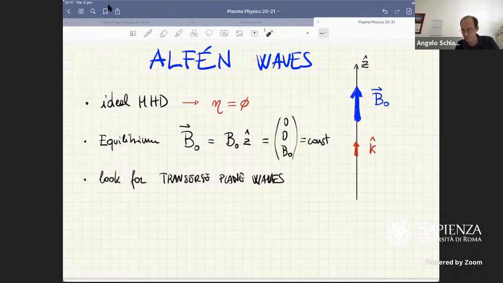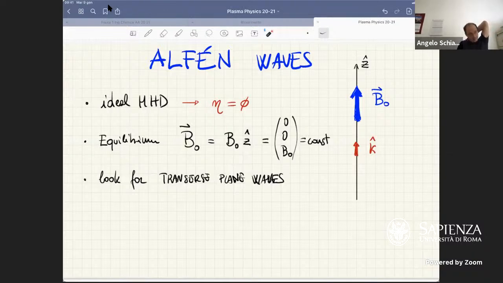What does that mean? It means that the propagation direction will be along the z-axis, and the quantities that take part in the wave phenomenon will be oscillating in directions perpendicular to the B field lines.